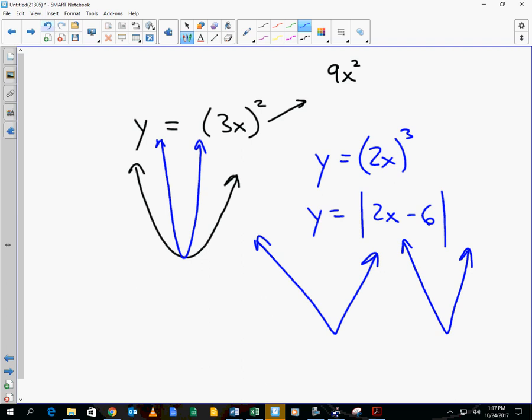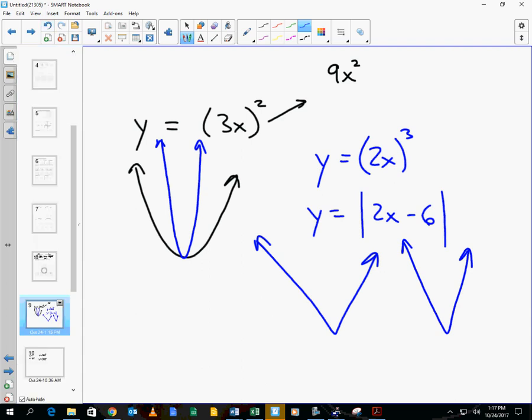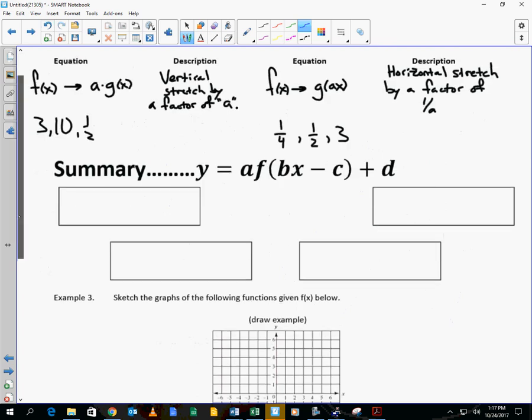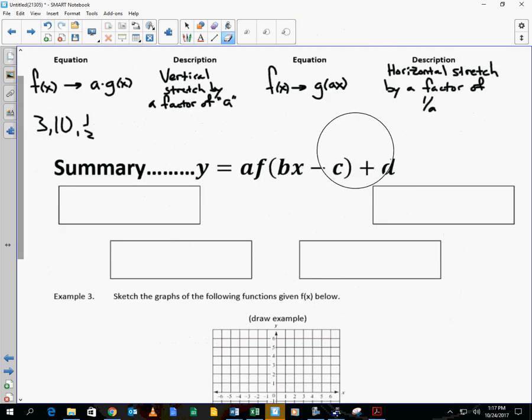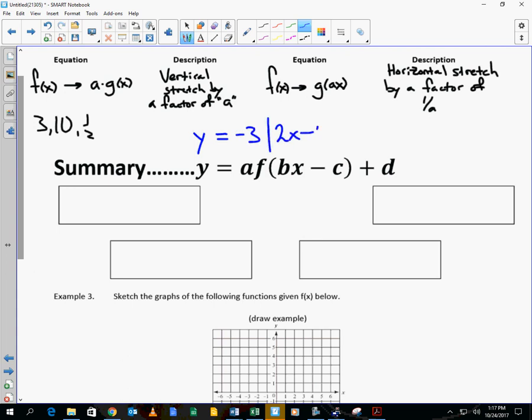Let's summarize this by looking at this piece right here. I know that this looks goofy, but this is how I think of all of our function transformations. Let me give you an example. Say y equals negative 3 times the absolute value of 2x minus 5, plus 1. That's something I would hope we would be able to give a general sketch of at some point.